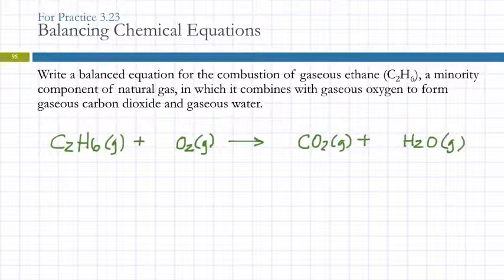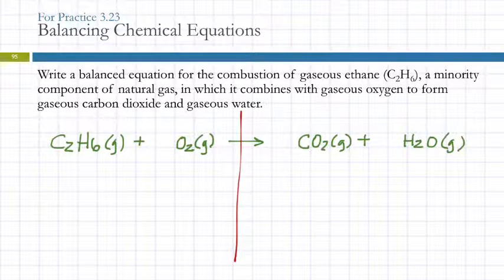I'm going to show you a different strategy. Some of you will like this, some of you will think it's stupid. Use it if you like it. If you don't, just shut up. So I'm going to draw a line separating the reactants from the products, just a line dividing at the arrow. And what I want is for things to be balanced. It's a little bit like balancing on a teeter-totter.